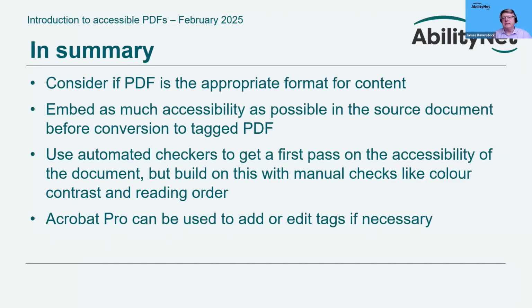It's good to embed as much accessibility as possible in the source document before you convert to tagged PDF. You can use automated checkers to get a first pass on the accessibility of the document, but it's good to build on this with manual checks like color contrast and reading order. And you can use Acrobat Pro to add or edit tags if necessary.